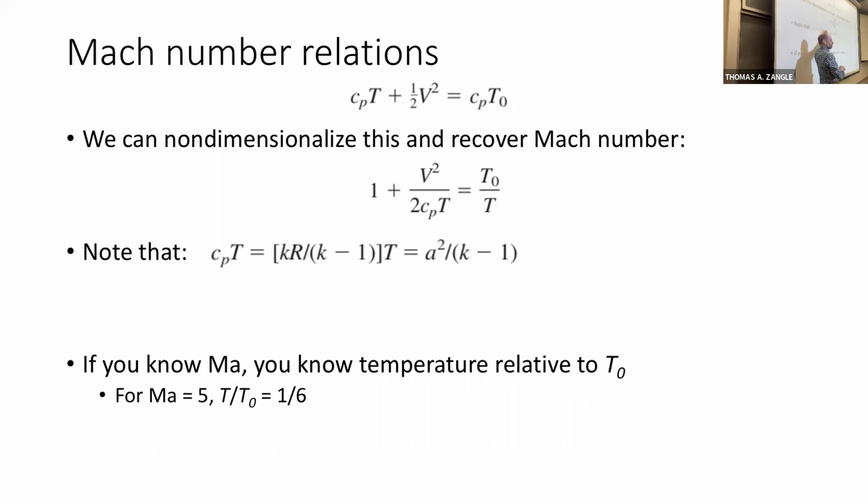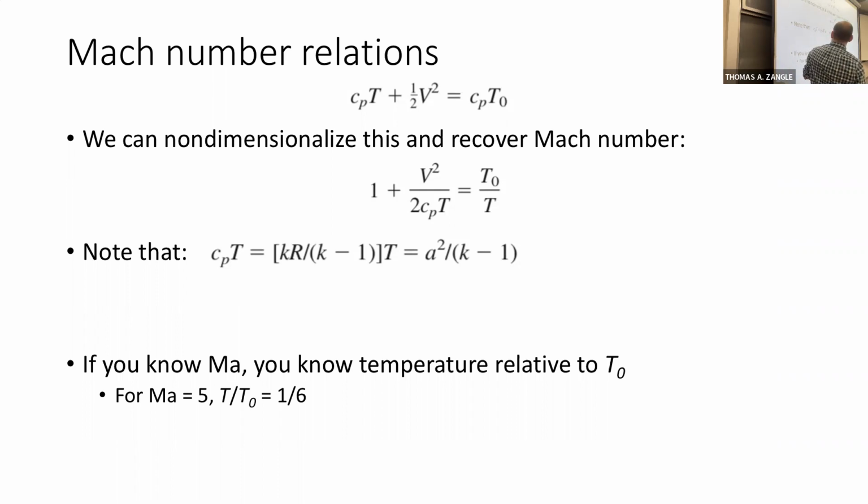R here is, yes, in our treatment here, the individual gas constant, not the universal gas constant. So basically what we're doing here is relating this Cp times T to the speed of sound, A, within the fluid.